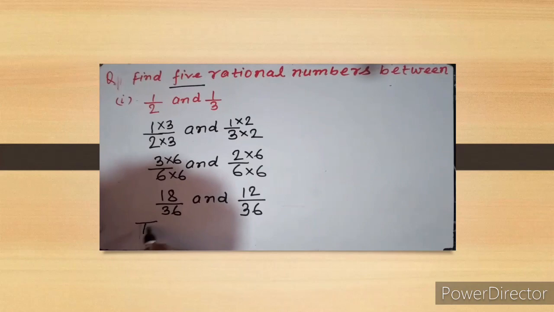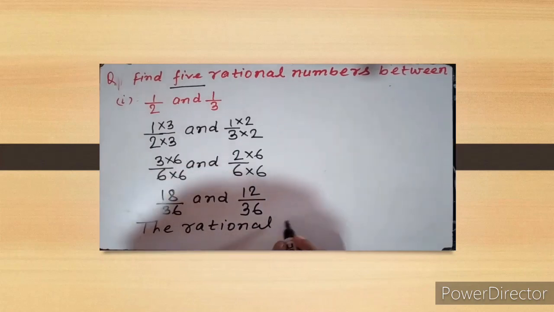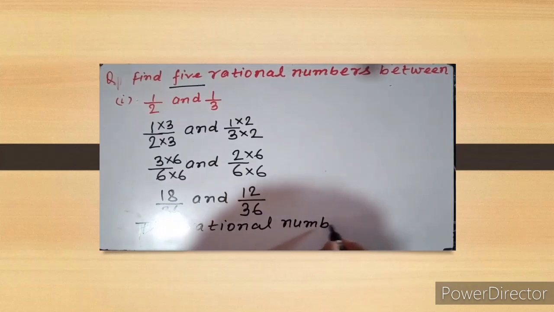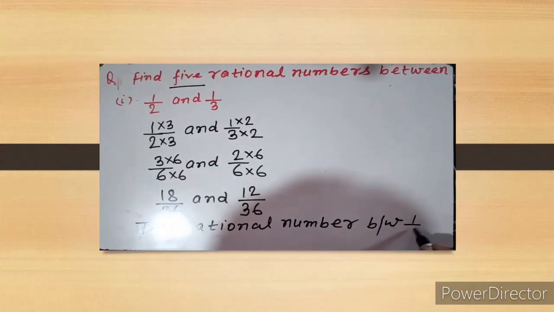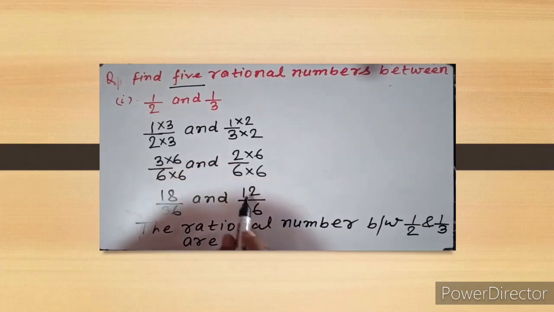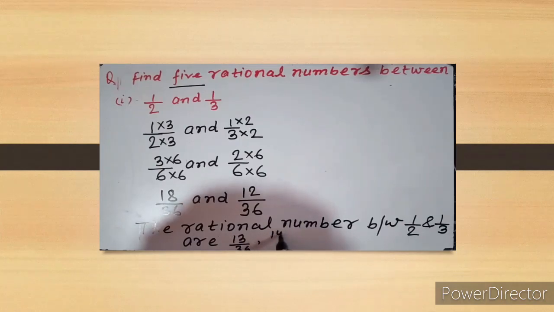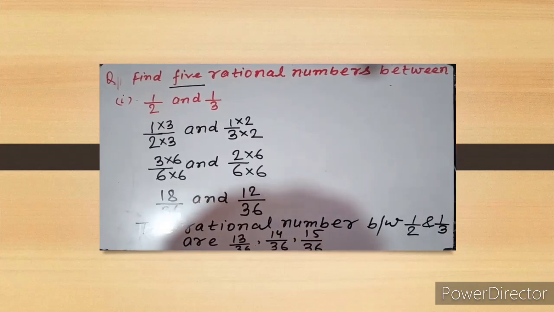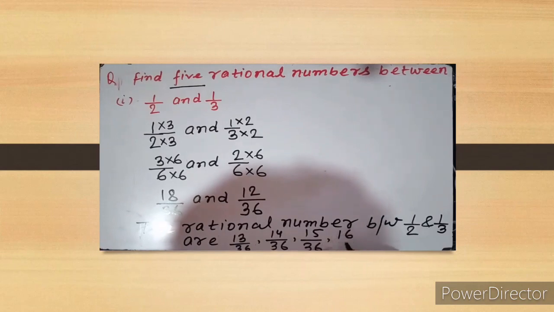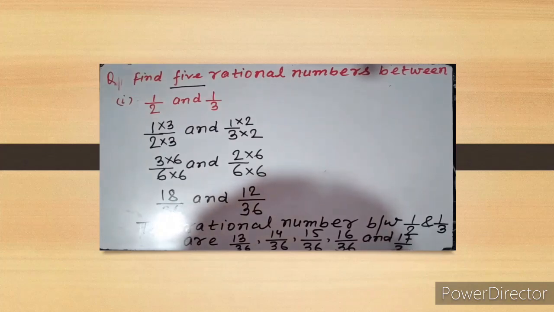The rational numbers between 1 by 2 and 1 by 3 are: after 12 what will come? 13. 13 by 36 you will write, comma 14 by 36, comma 15 by 36, comma 16 by 36 and 17 by 36.